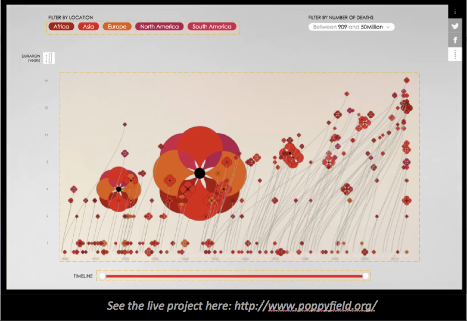And then there is the heavy reliance on monochromatic red hues that tie the different elements into a composition. So the same colors as the poppies are used also to color in the filters that are correlated with the poppy petals, and also the timeline is using red, which again is unifying across the different elements into a unifying composition.